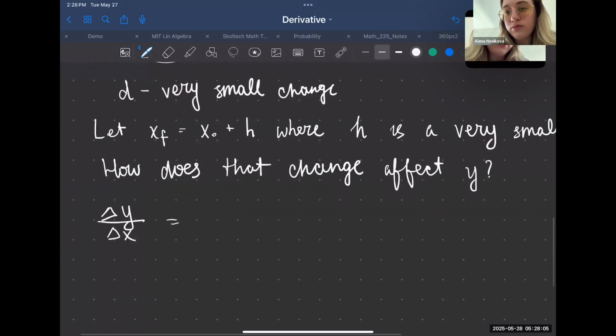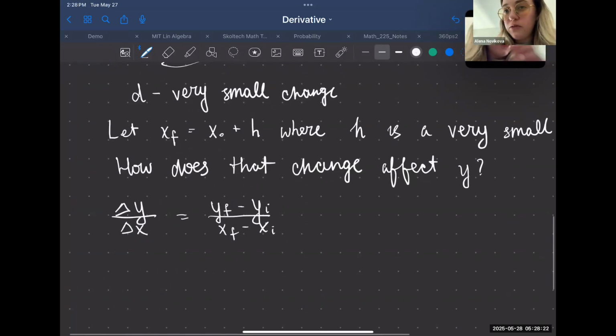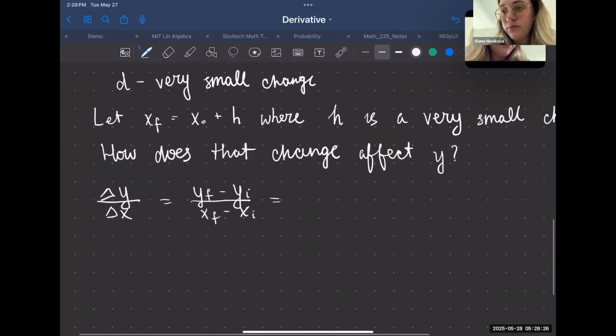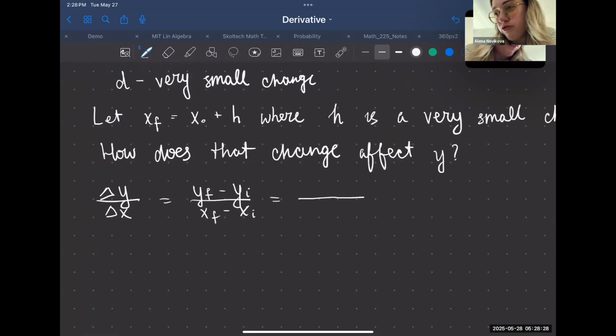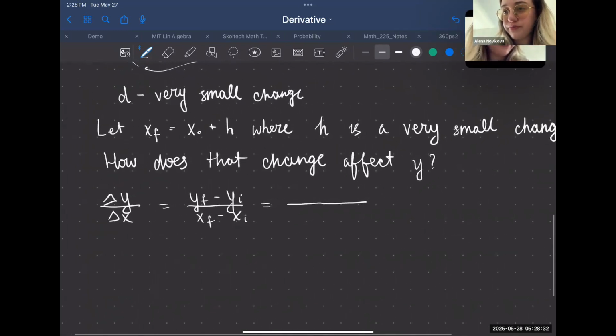So we can rewrite this based off of our previous definition as y final minus y initial over x final minus x initial. Okay, and now here, let me focus on the denominator first.